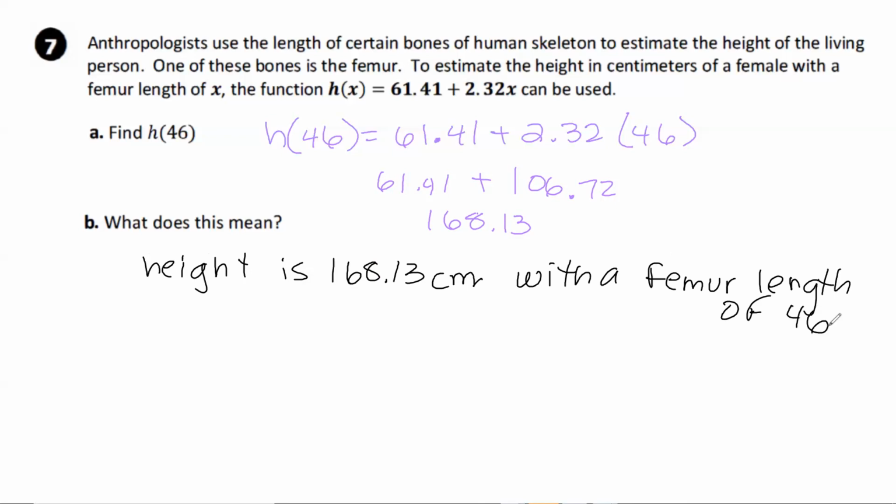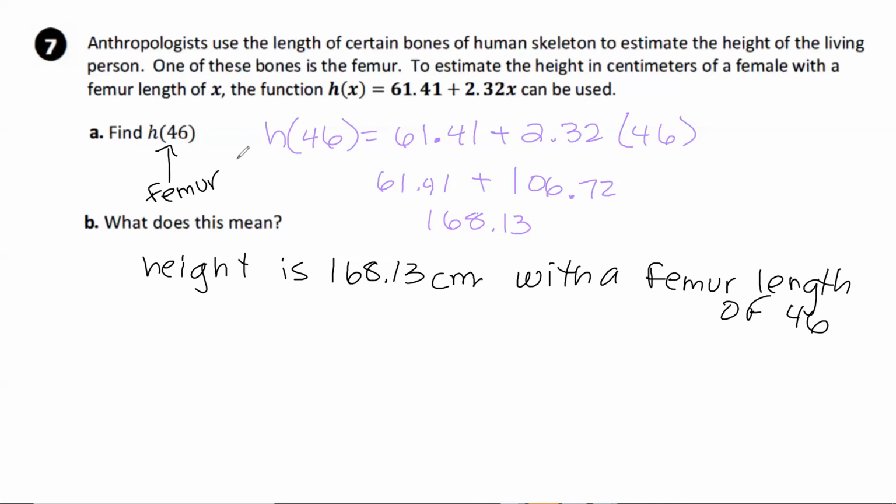So he said the height is 168.13 with a femur length of 46. Remember, up here at the top, they said femur length of x. So whatever you get for x, that is your femur length. They gave us that, which was 46, right? This is the femur length. That's what we plugged in. The output that we got, that was the height.